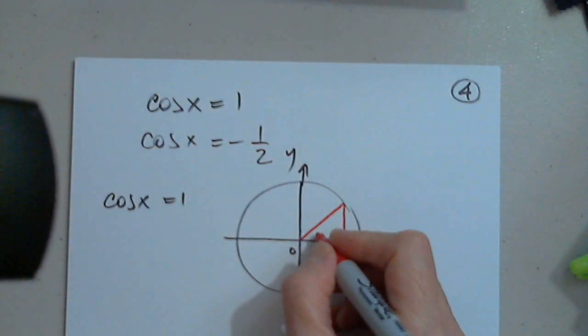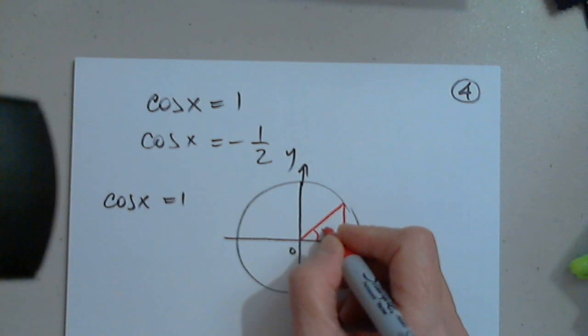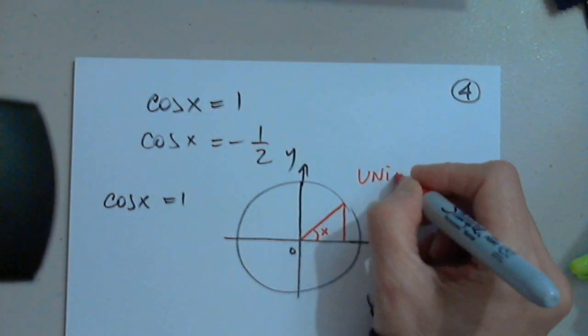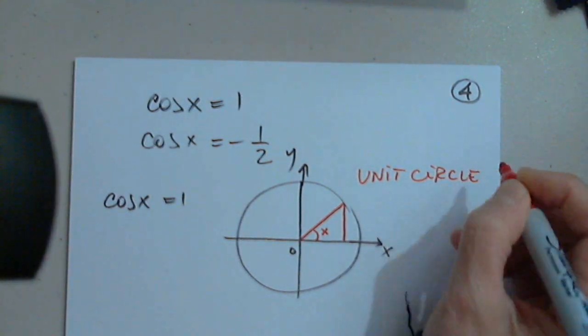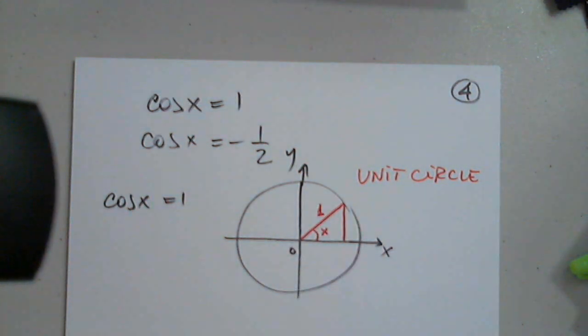Okay, so this is the angle X, and this is the unit circle, which means the radius is 1.